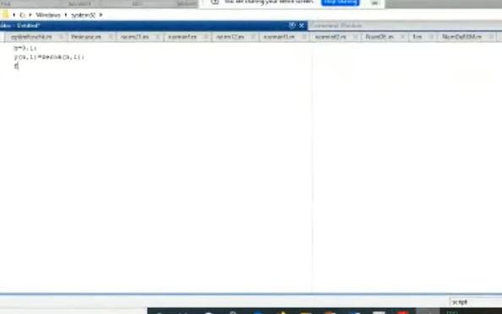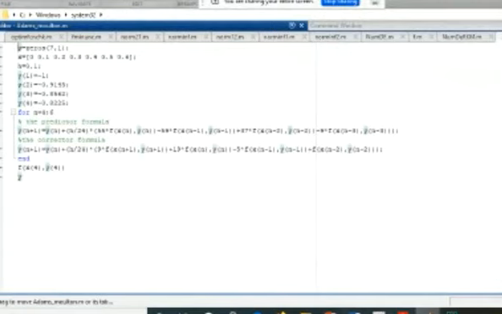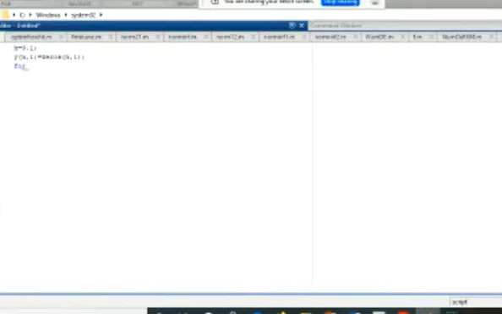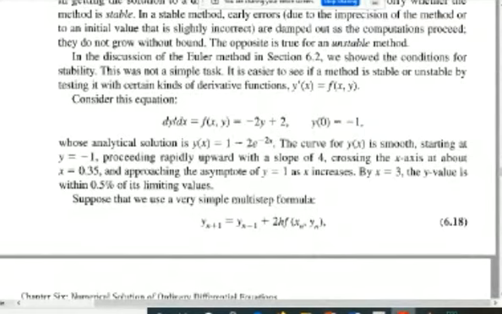We need a for loop. Let me use n from 1 to, for example, 10, and y(n+1), y(n-1).